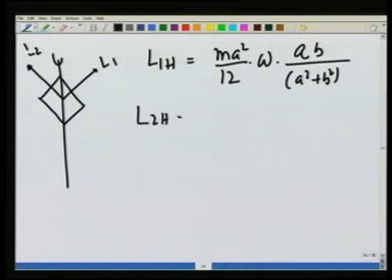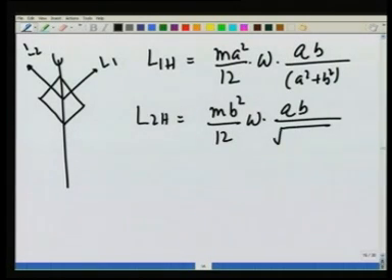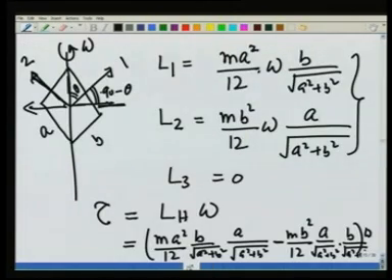L2 horizontal is m b square over 12 omega sin theta cosine theta, which I can write as ab divided by a square plus b square. There is no square root, as you see from the last screen. This is all the product ab divided by a square plus b square, ab divided by a square plus b square times omega.